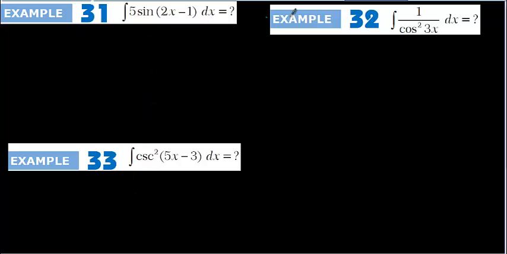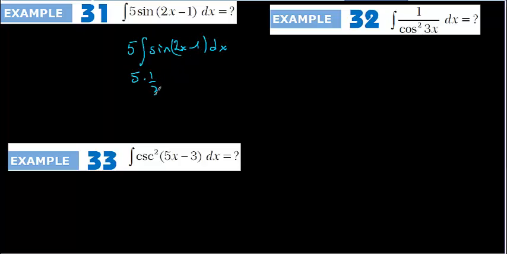On this page we are going to solve these questions. Here integral of 5 sine 2x minus 1. This 5 is the coefficient of sine, you may get it out of the integral sign. This is the ax plus b form, so it's going to be equal to 5 times 1 over 2, b is equal to minus 1 here.